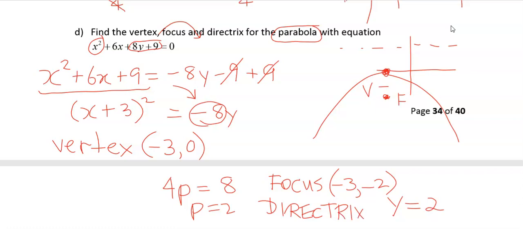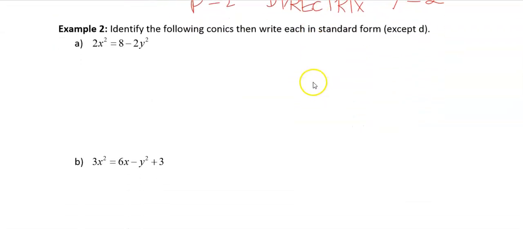Okay? Now, that's it for the examples on page 34. Now, I know here on page 35 it says example 2. I'm pretty sure you should be able to take all of these conics anyway and write them in standard form, the forms that we're used to seeing it.